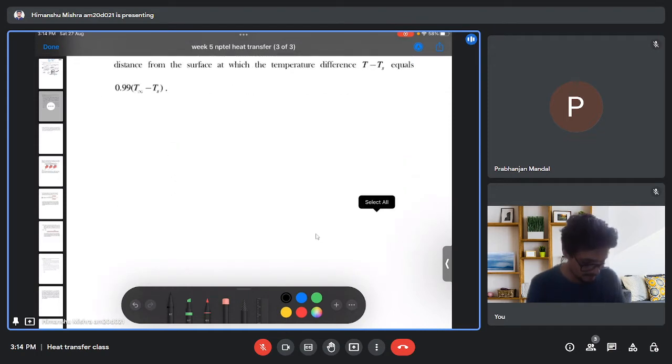So the statement says that I have a flat plate which is stationary and there is a flow incoming.